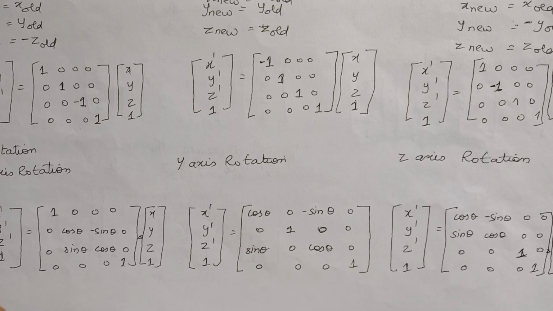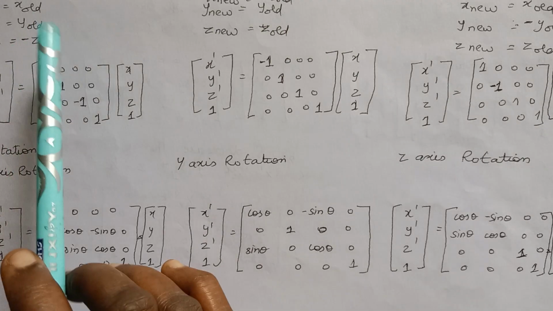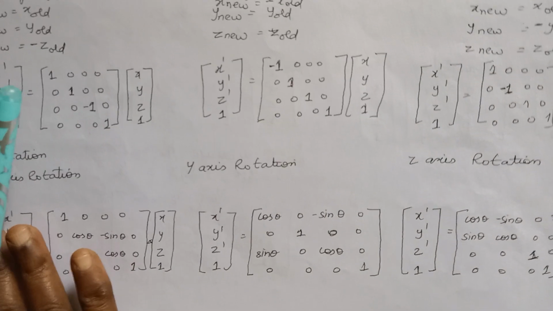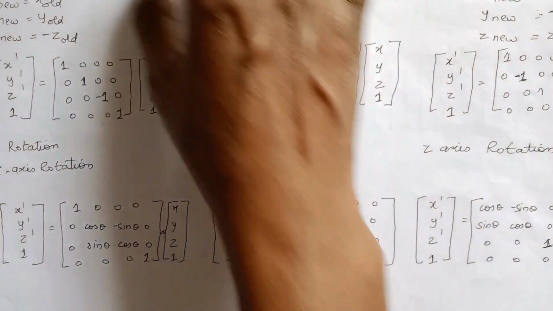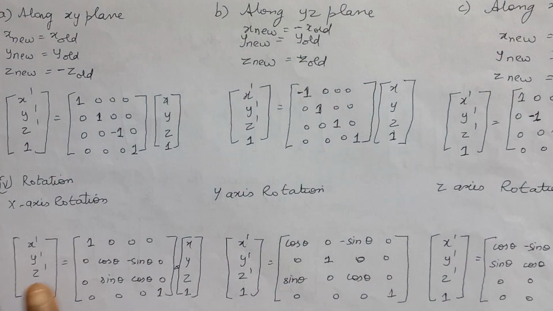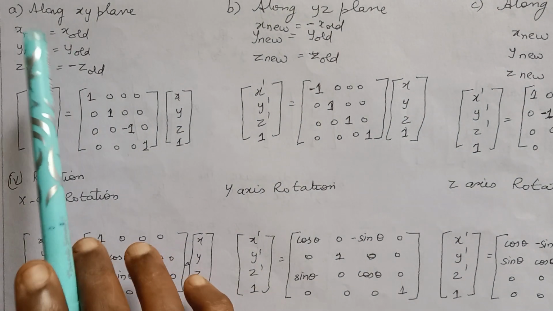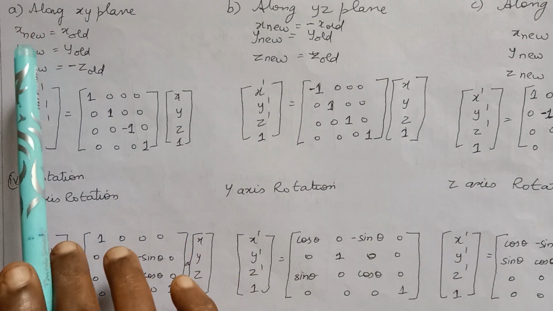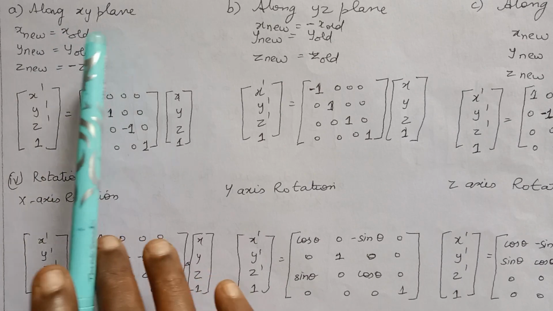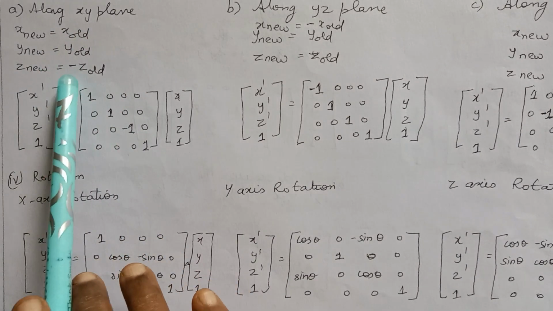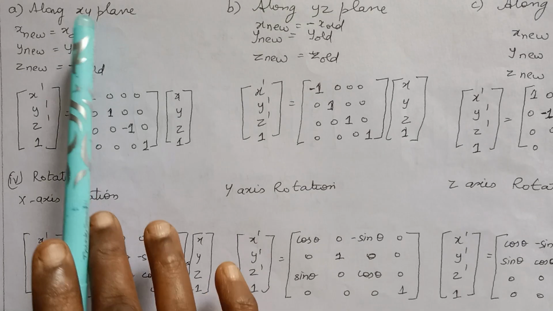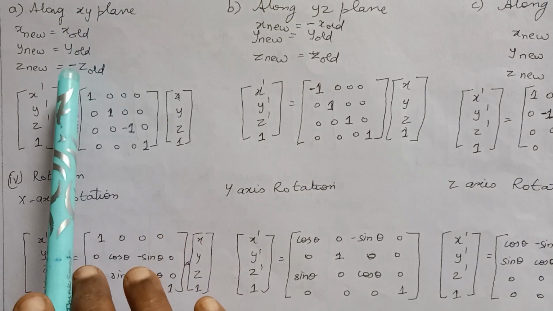Now the reflection about a plane. You have to determine along which plane you are finding the reflection. So here, along the xy plane, you need to remember this: x new will be equal to x old, y new will be y old, and z new will be minus z old, because in the xy plane reflection z will be a negative value.